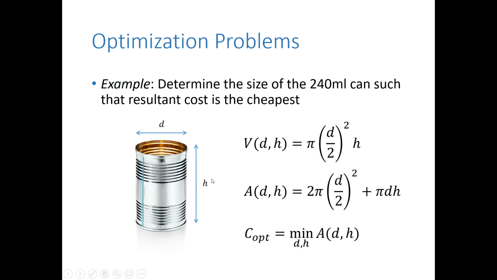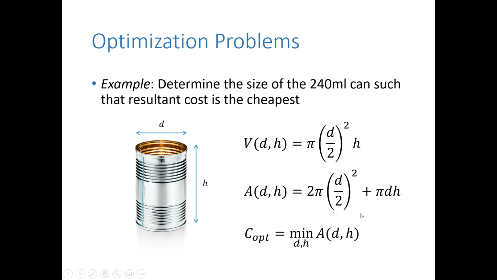An example of an optimization problem is to determine the size of a 240 milliliter can such that the resultant cost is the cheapest. Cost here refers to the price to produce a can. Assuming this is the can, it has height H and diameter D, and the volume can be given by this equation.